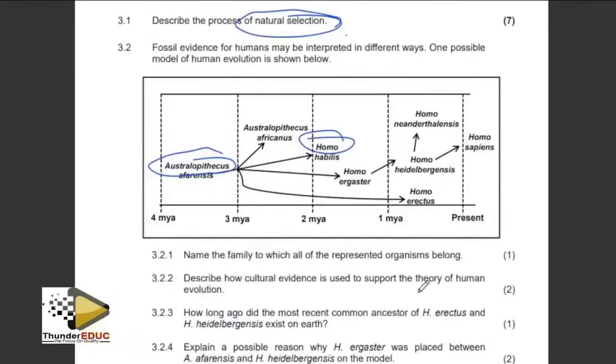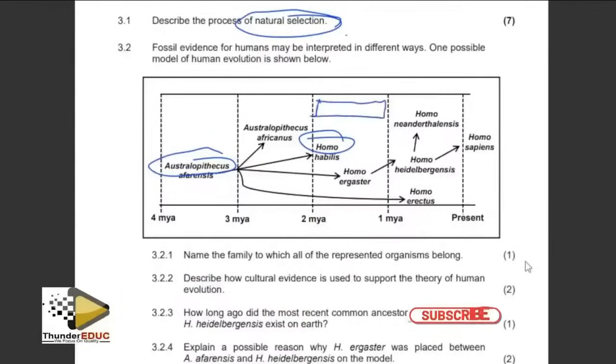How long ago did the most recent common ancestor of this and this exist on Earth? Now, when they say how long ago, for example, did the Homo ergaster exist, you come here.